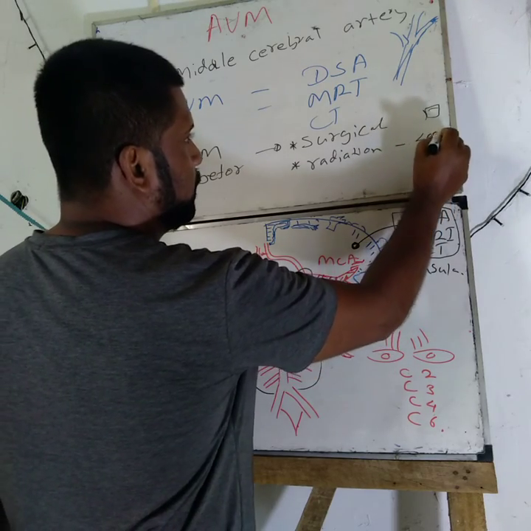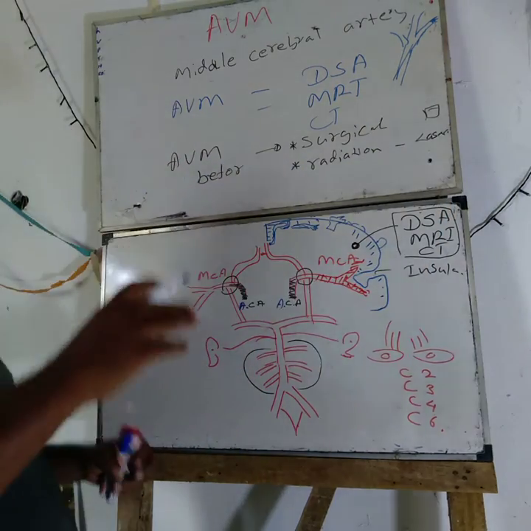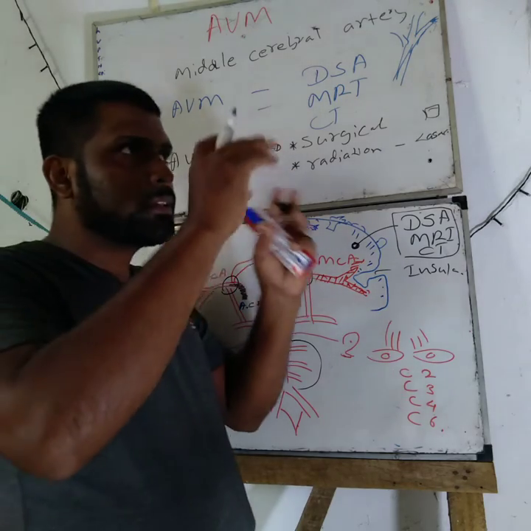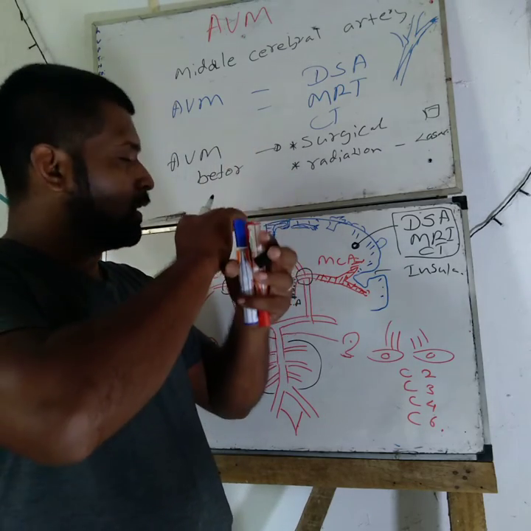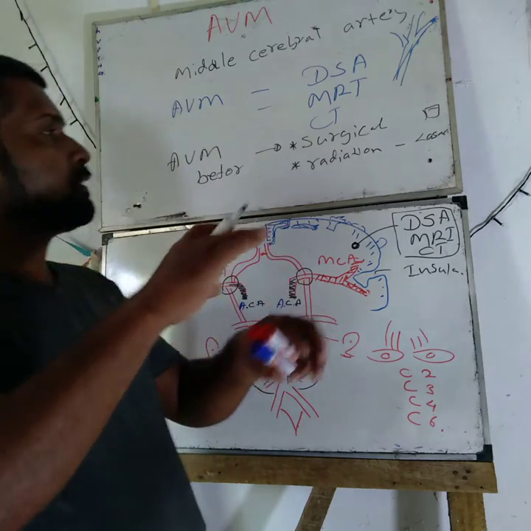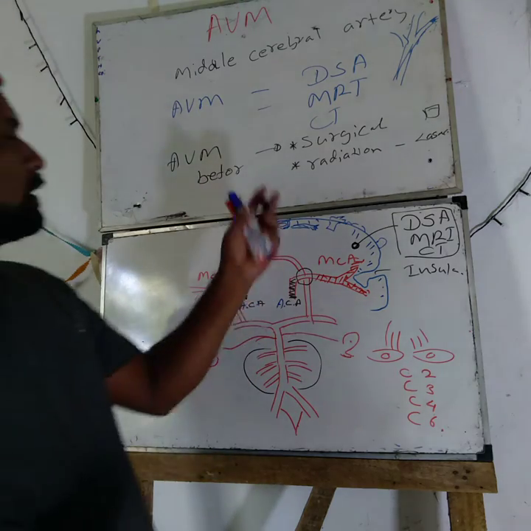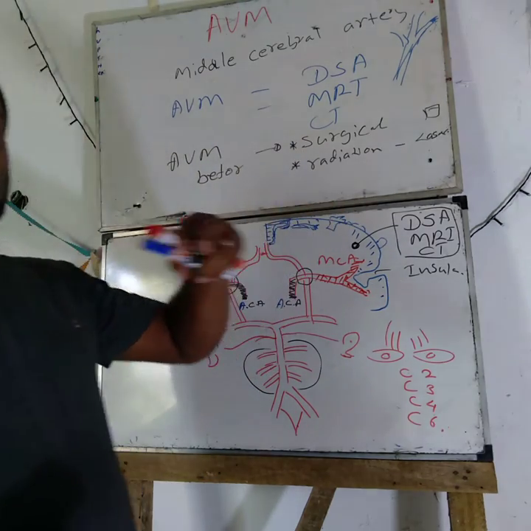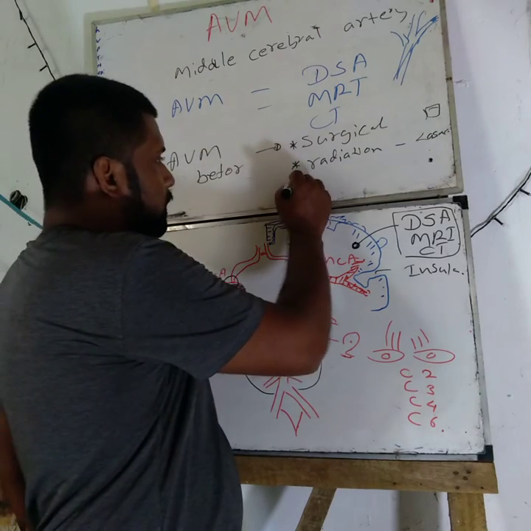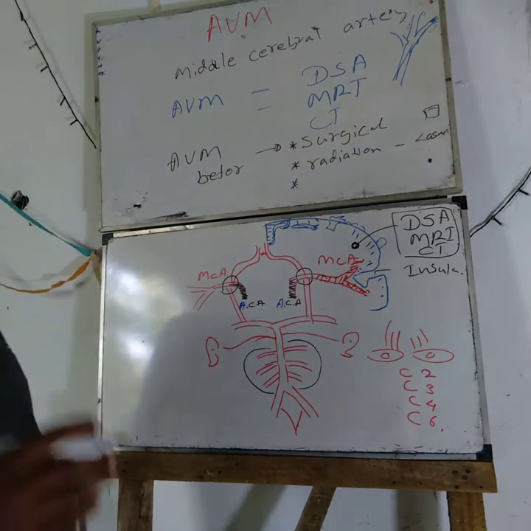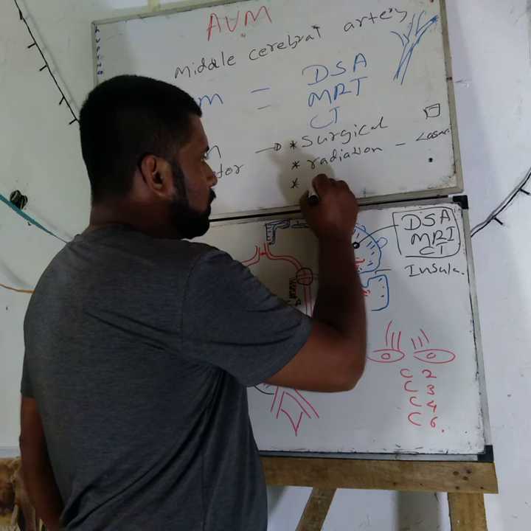Then laser therapy, which can be applied to burn the other nerve, other arteries and veins. After burning and correcting, we can go on to block that artery.